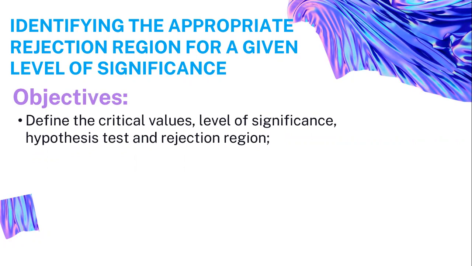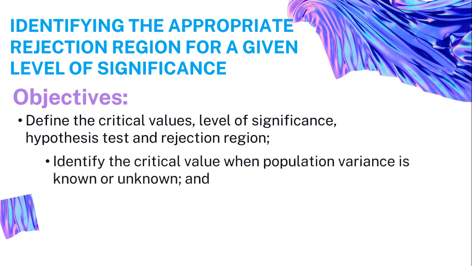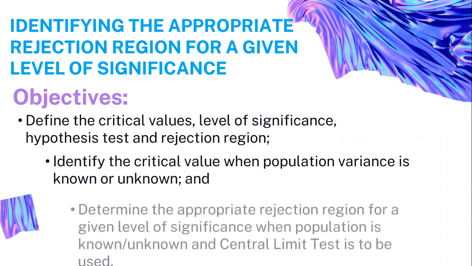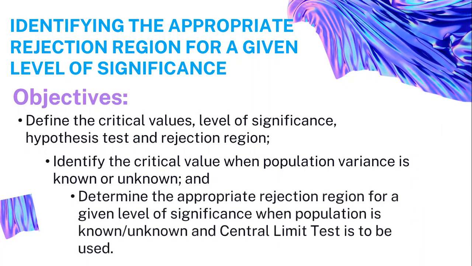You need to know these terms in order to decide at the end of your research when and how to reject your hypothesis. Secondly, you need to identify the critical value when population variance is known or unknown. And lastly, you need to determine the appropriate rejection region for a given level of significance when population variance is known or unknown and the central limit theorem is to be used.